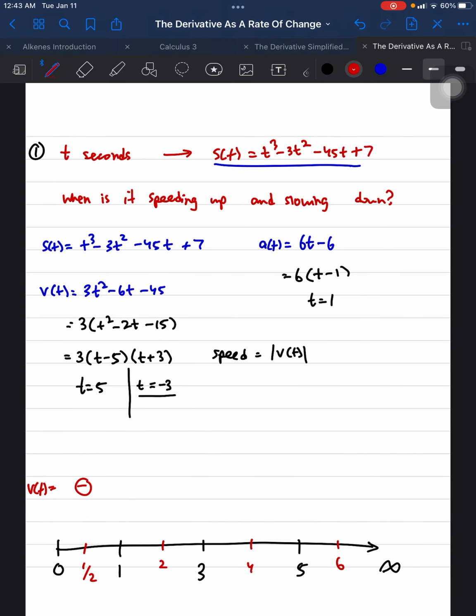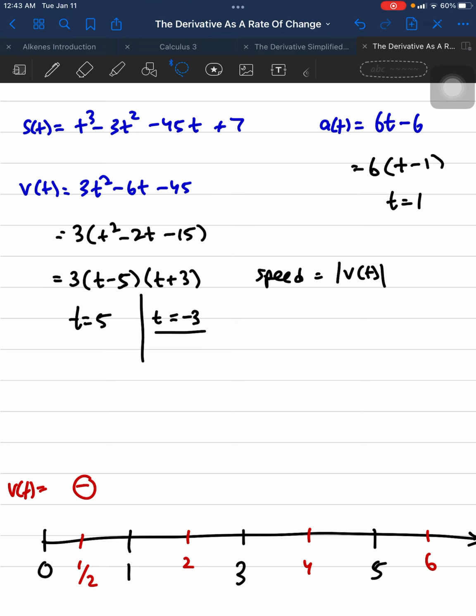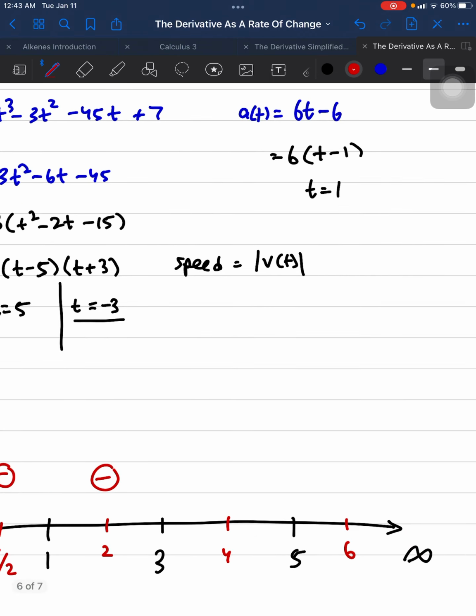That means there is a negative value in between 0 and 1 for the velocity function. Now when we evaluate this function at 2, we once again get a negative number. We get negative 45, so we can just write a negative sign. We don't really need to write the number. We just need the sign so we can compare it.